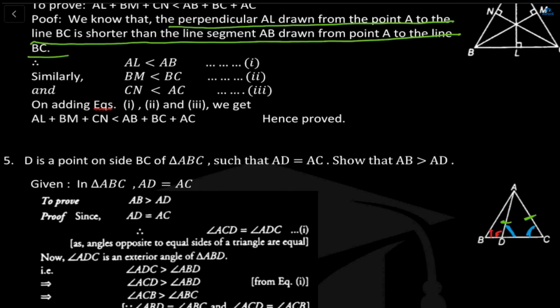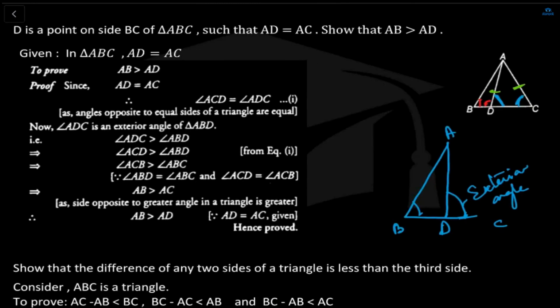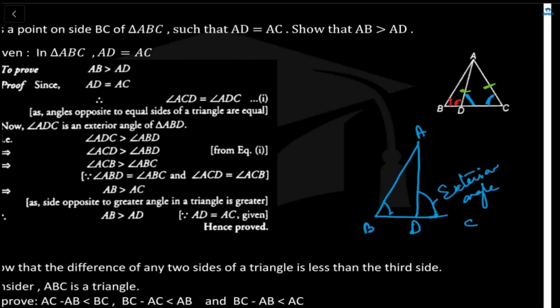The exterior angle is equal to the sum of the two opposite interior angles. But we don't need to find any values, we need a comparison. So if we just compare angle ADC to angle ABD, angle ADC will be the greater angle than angle ABD. Am I correct or not?